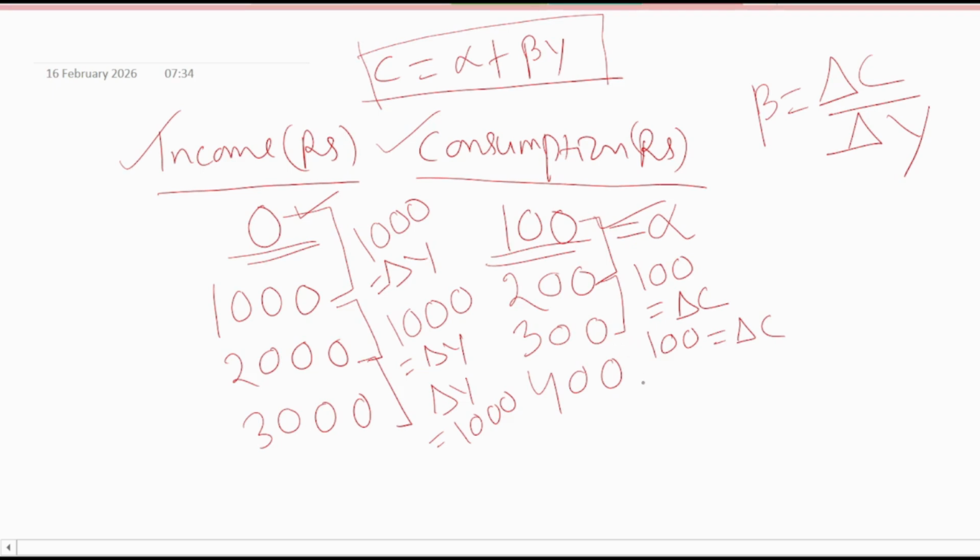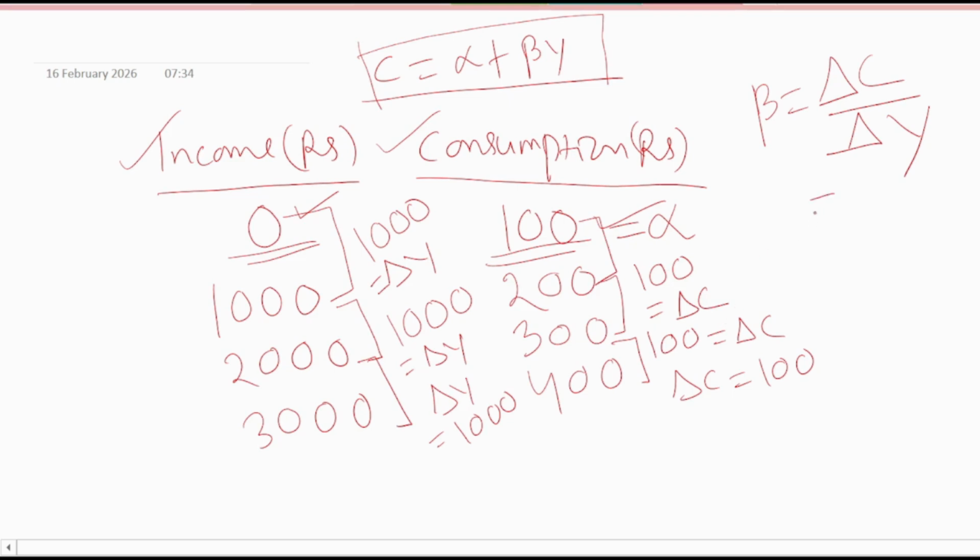Consumption increased from 300 to 400, that is delta C is equal to 100. That means every time when income is increasing by 1000, consumption increased by 100.